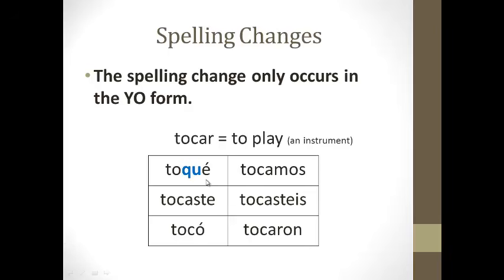You'll notice it has normal AR endings. Think about your song. AR preterite is é, aste, ó, amos, aron. Okay, so 100% normal endings. Only thing we had to remember about it was the C changed to QU in the yo form. Again, the reason for that, we want to keep pronunciation.